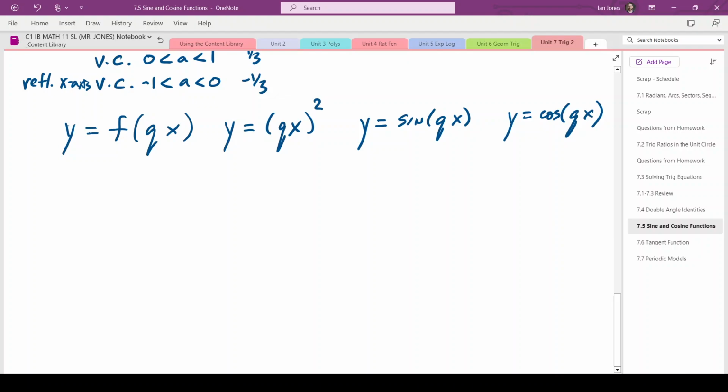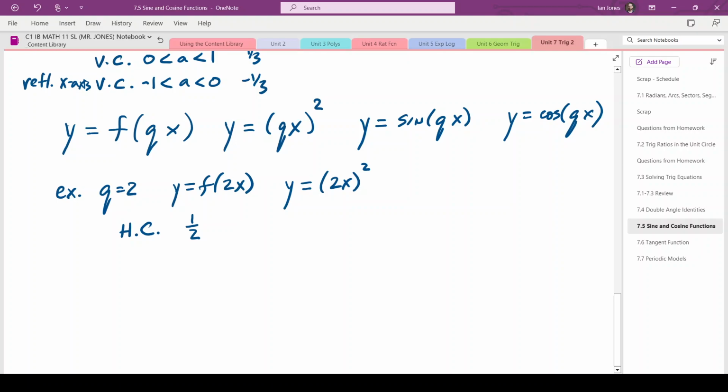Q is different from A in that we stretch or compress by a factor of 1 over Q, okay? So if, for example, we have a Q of 2, okay? Let's suppose Q is 2. Then here, this would be y equals f of 2x, or y equals (2x) squared. We would get a horizontal compression by a factor of 1/2.